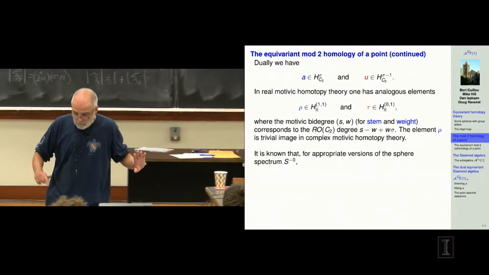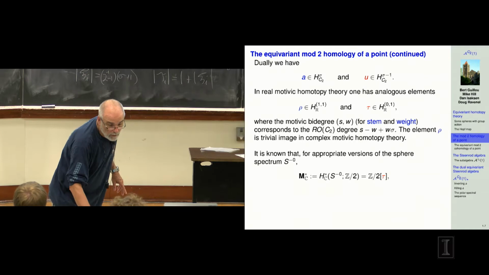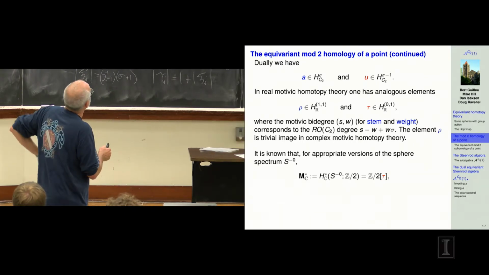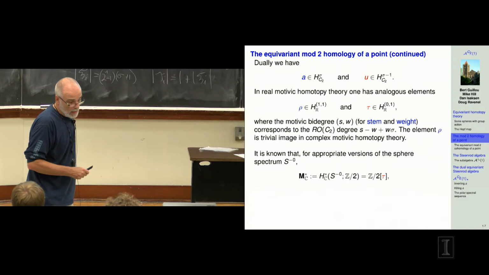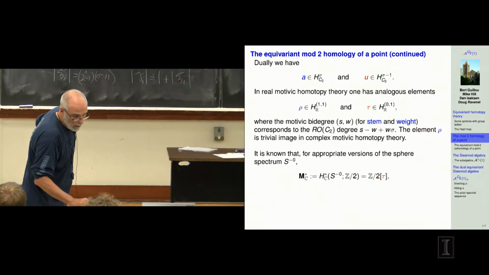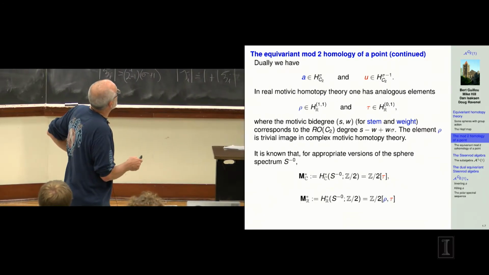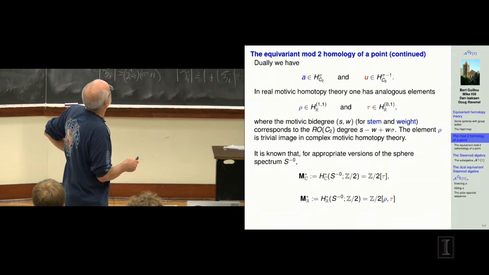Don't ask me how it's defined. But anyway, we know that in the complex motivic world, the mod 2 cohomology of a point, the cohomology of the sphere spectrum, is a polynomial algebra on tau. In the real case, we get a polynomial algebra on rho and tau.